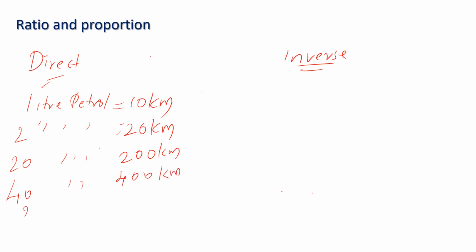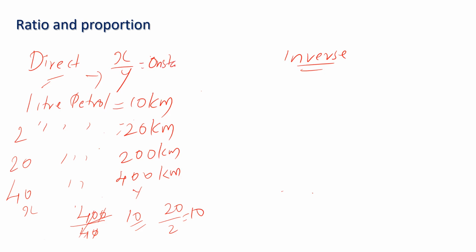And here, if you take x and y, or anything, and compare the distance traveled with the liters, you will get 10. 400 upon 40, or 20 upon 2, that also is 10. Here in the case of direct proportion, one data upon the other data will be a constant.